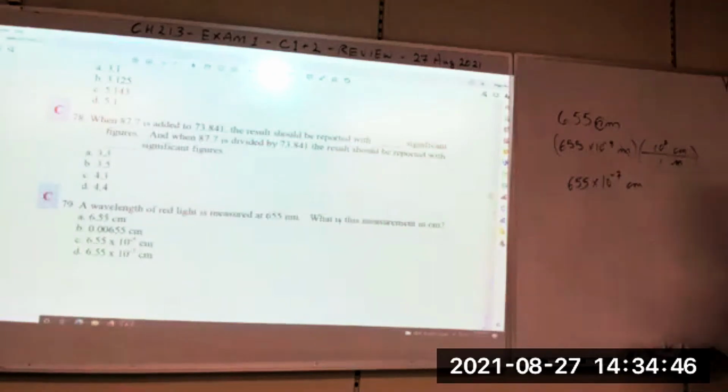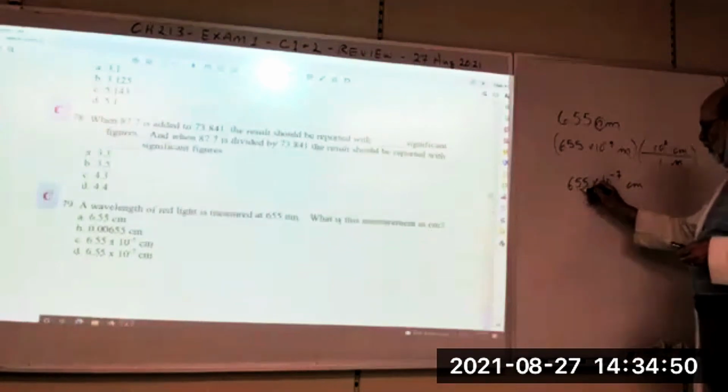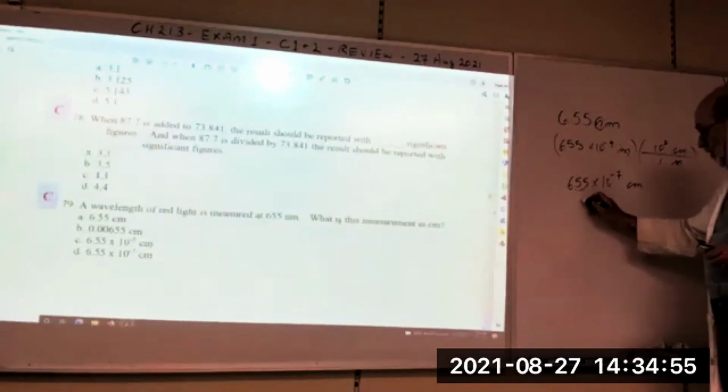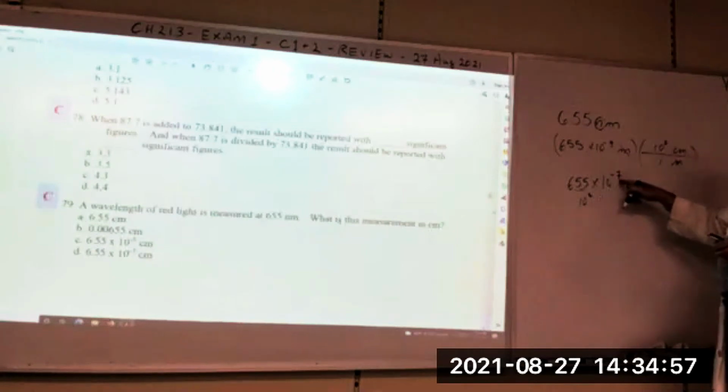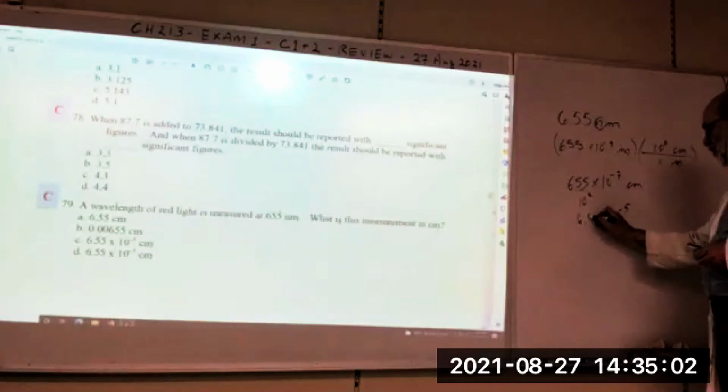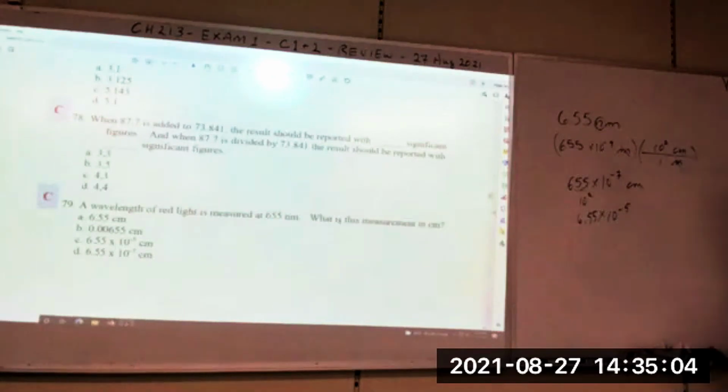And then you look at your answers. All right, scientific notation. So we've got to move this one over 2 places, which means 10 squared plus minus 7 is minus 5. 6.55 times 10 to the minus 5th centimeters. Or you can go full-blown dimensional analysis and put another conversion factor out here. That's fine. It works.